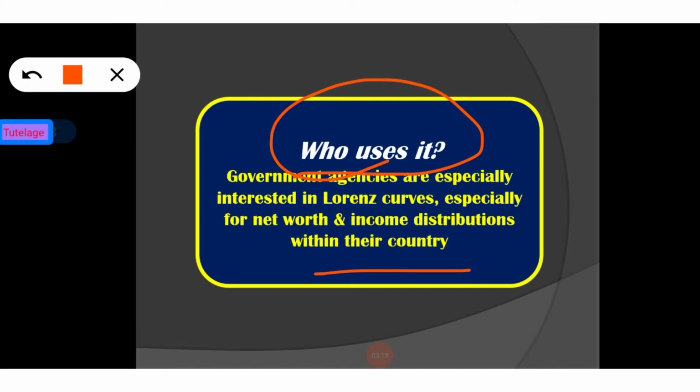So that's why it is related to that. Government agencies use it for net worth and income distribution within their country. I think this is clear. Now move on to the next slide.